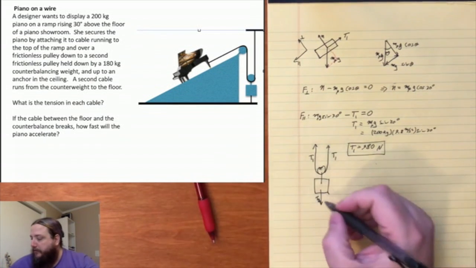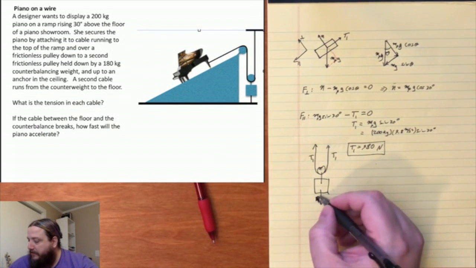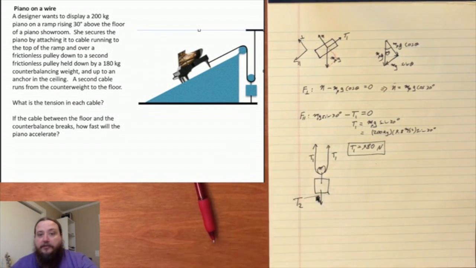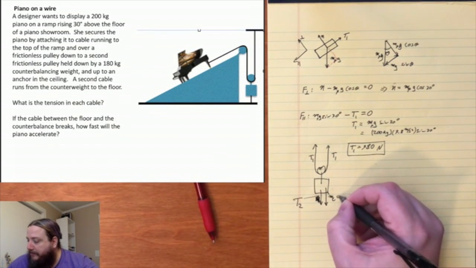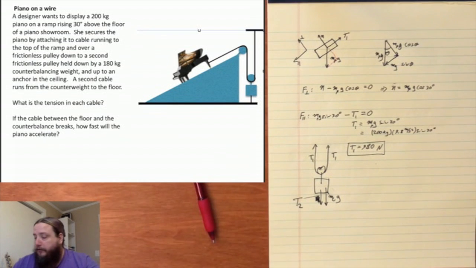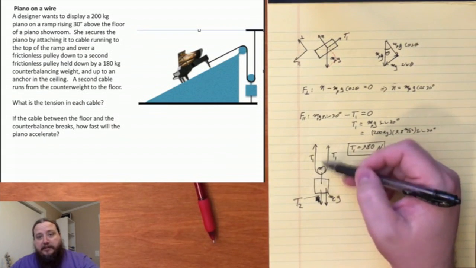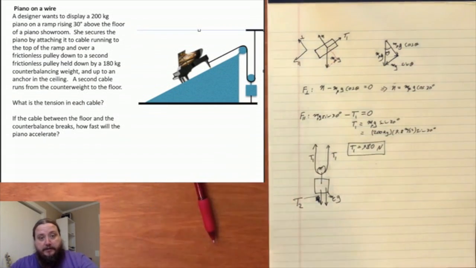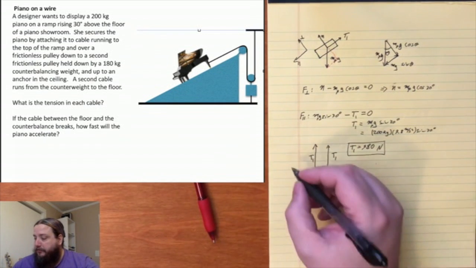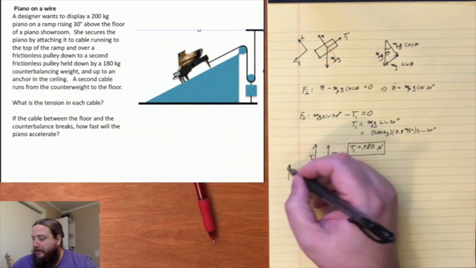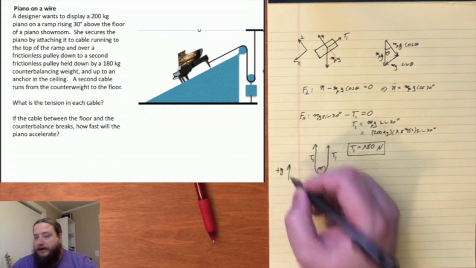Let me draw that a little bit clearer. This here is tension 2 going downward, tying that block to the floor. We also have the counterweight's mass and gravity pulling it to the ground. This counterweight is only going to move vertically, so we only have to worry about up and down motion. I'm going to call this the plus y direction.